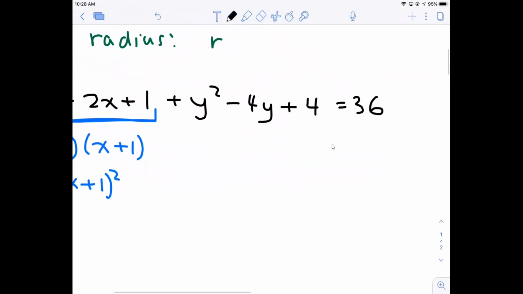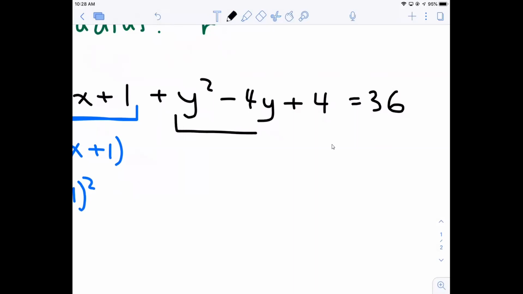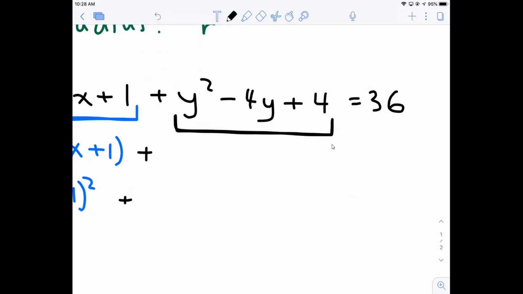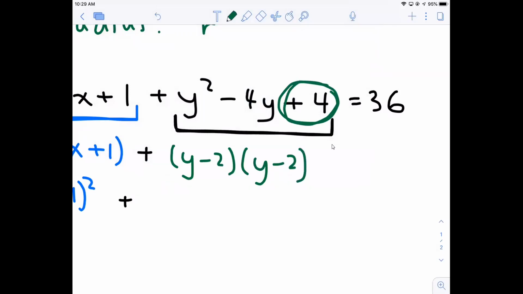Now all we have to do is do the same thing to the y terms. Can't we group these 3 y terms? Luckily, this also factors so that it is y minus 2 times y minus 2, because negative 2 times negative 2 is positive 4, and negative 2 plus negative 2 is negative 4.